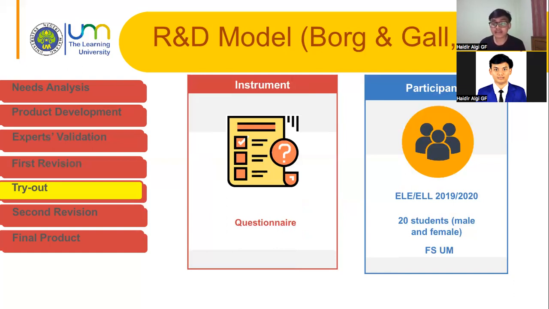Yes, sir. I think the preliminary testing and the main field testing that you mentioned are already combined in my one product tryout, sir. I simplified it into four indicators.